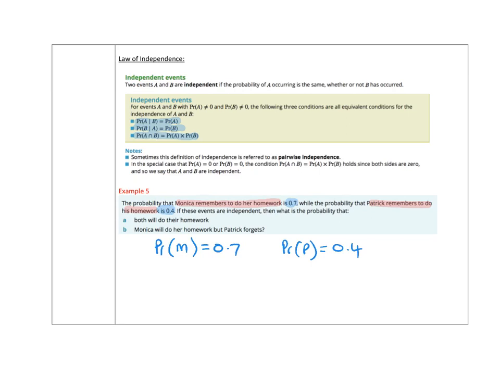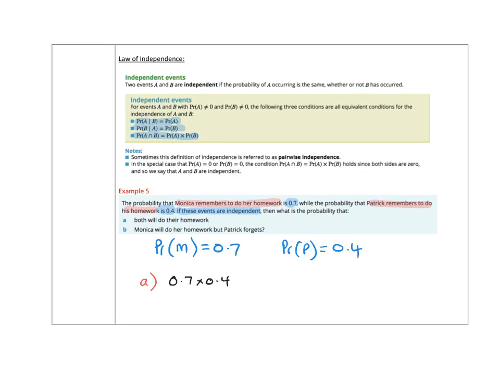Now the question here gives us a big advantage where it says if these events are independent. Now if these events are independent, so I don't have to test that, what is the probability that both will do their homework? Well, this is an easy one. Because they're independent, and let's just write that out with a pen, the probability that they'll both do their homework is 0.7 times 0.4.